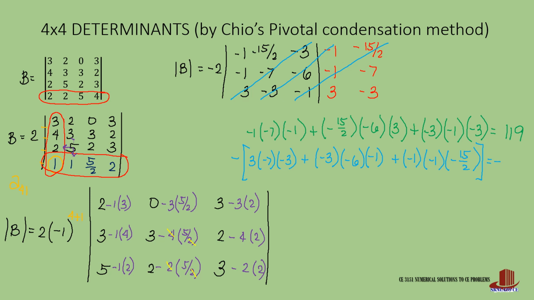Let's take this as our negative. That would be 3 times negative 7 times negative 3 plus negative 3 times negative 6 and another plus of negative 15 all over 2.